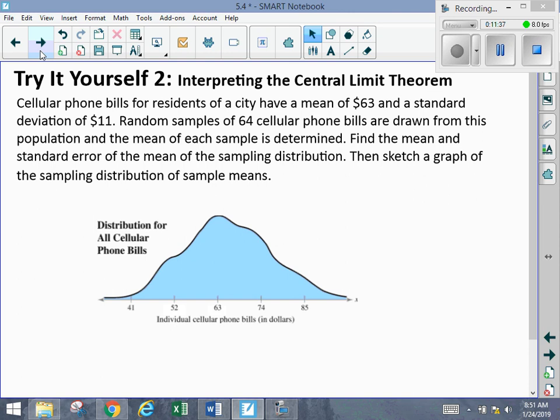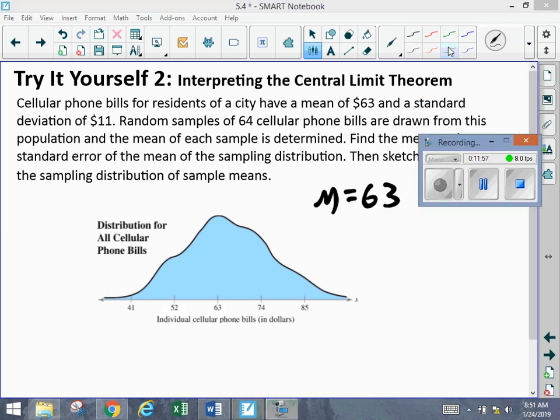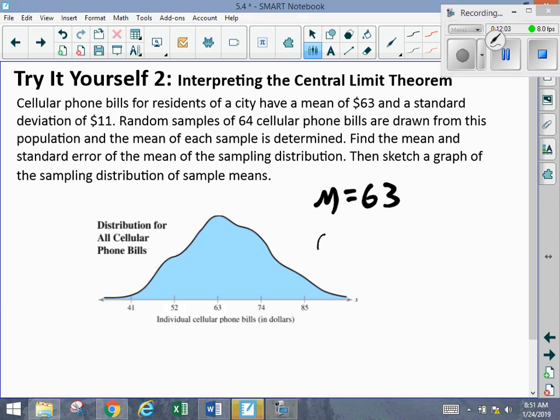All right, so let's look at this. Cellular phone bills for residents of the city have a mean of 63 and a standard deviation of 11.